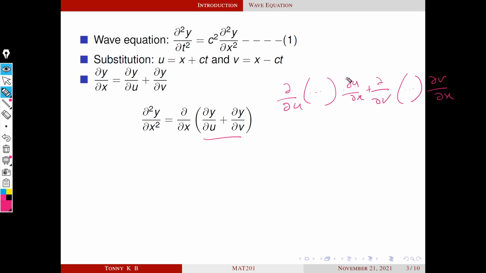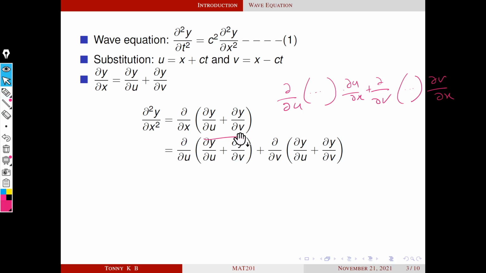Already we know both are 1. So this expression becomes ∂/∂u of (∂y/∂u + ∂y/∂v) into 1, plus ∂/∂v of this quantity.